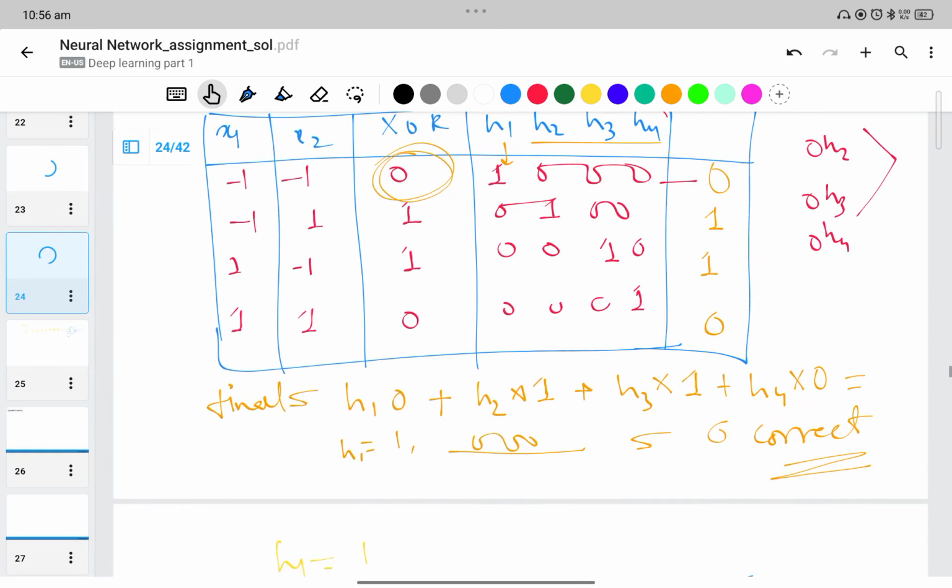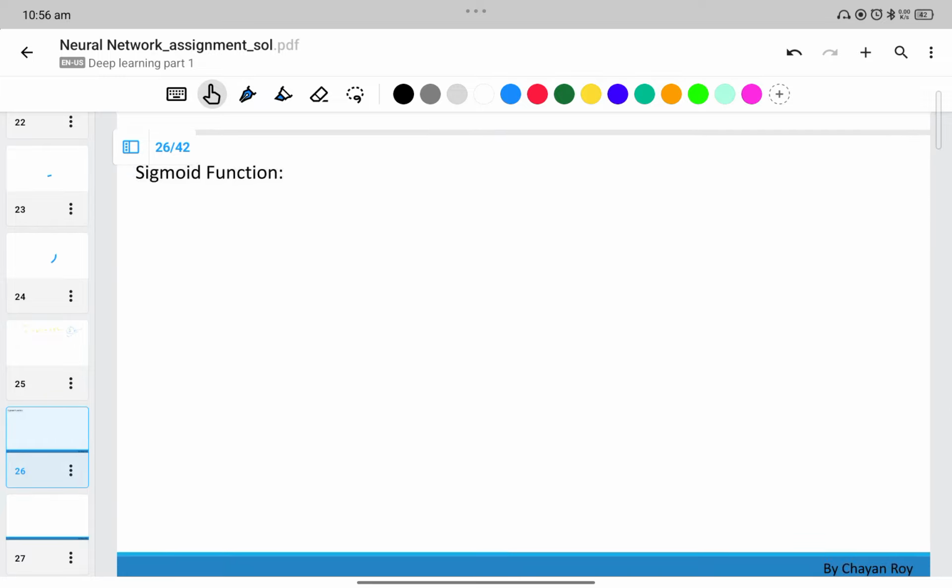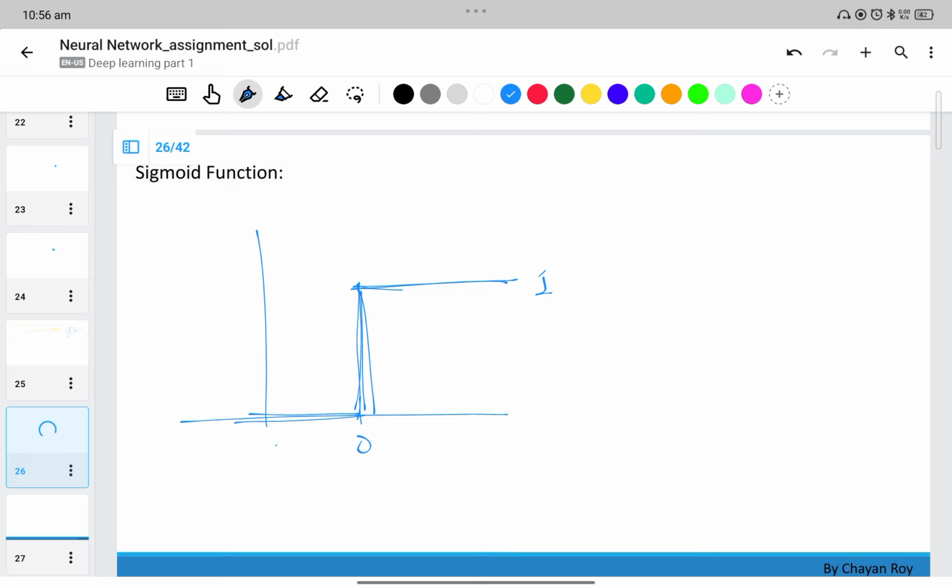If we want to make it a function, it looks like this. Whenever it is less than 0 we have 0, and whenever it is greater than 0 we have 1. But this is a step function, and we will later see that it is not differentiable at these 2 points.